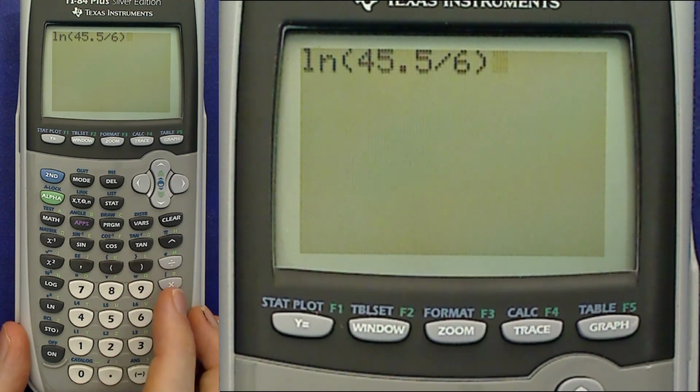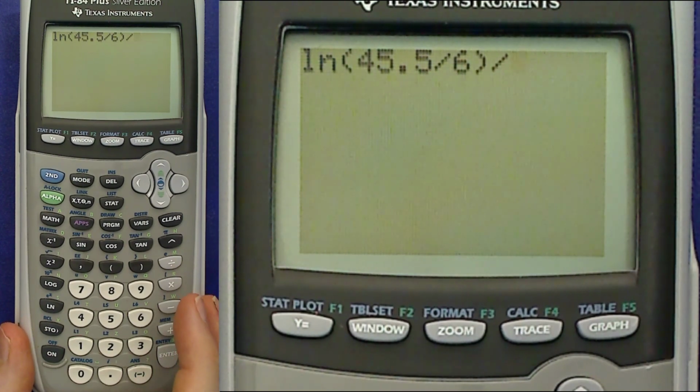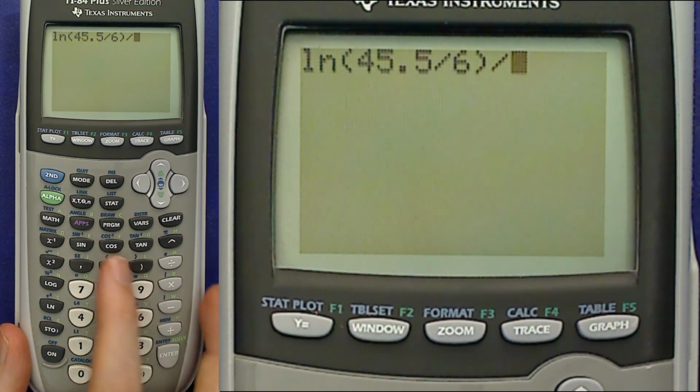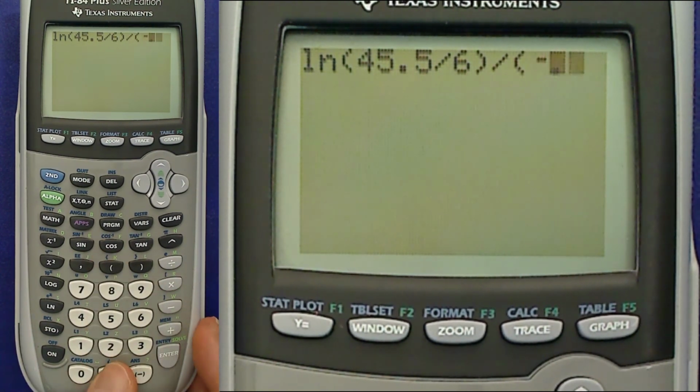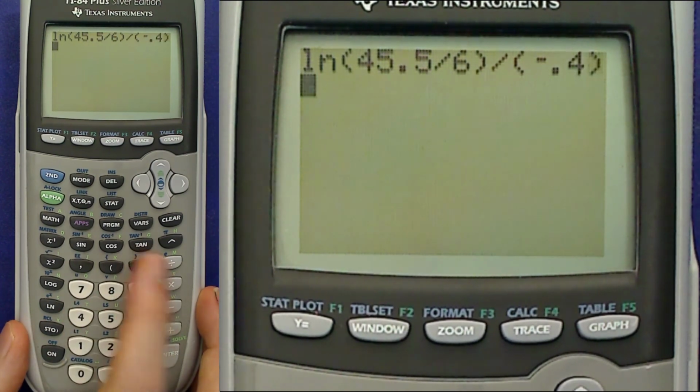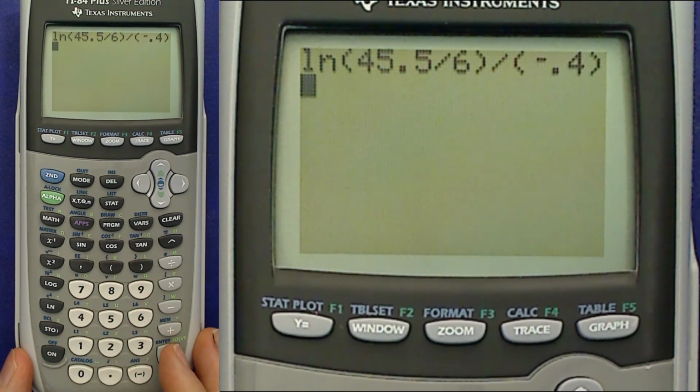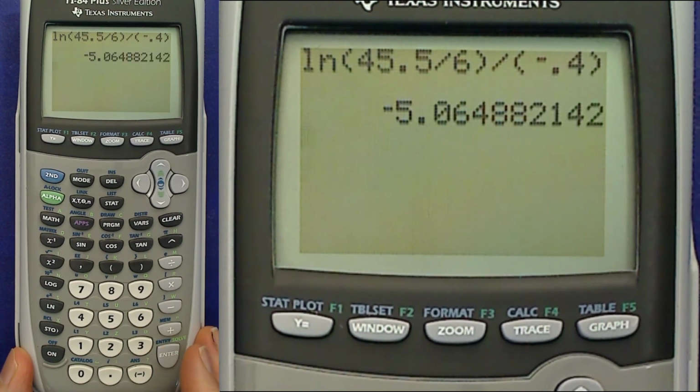There's the ln of 45.5 divided by 6, and then divide, and since the number underneath, well, I will put parentheses here just to be safe. Okay, so if all goes well, I should get the same number as I got before, and sure enough, there it is. If you have any doubts about this, you can always do the calculation one piece at a time.